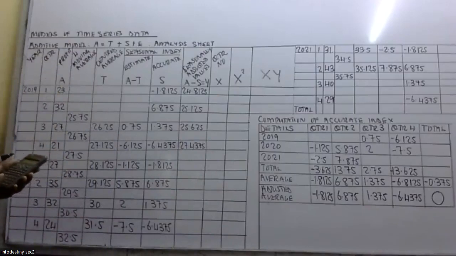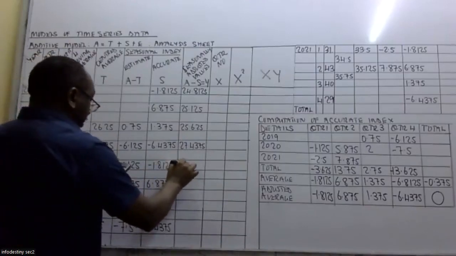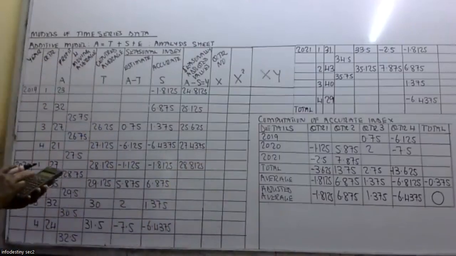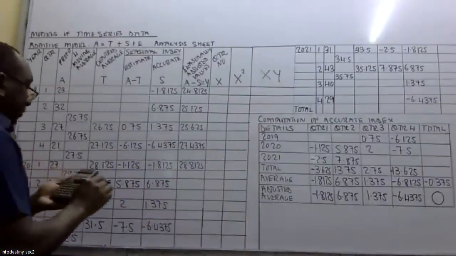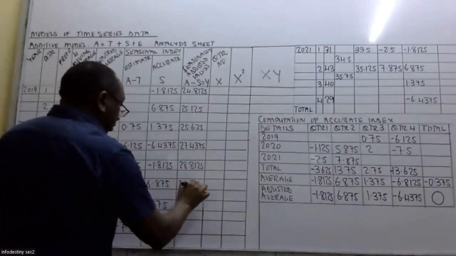27 minus 1.8125 is 28.8125. 35 minus 6.875 is 28.125.